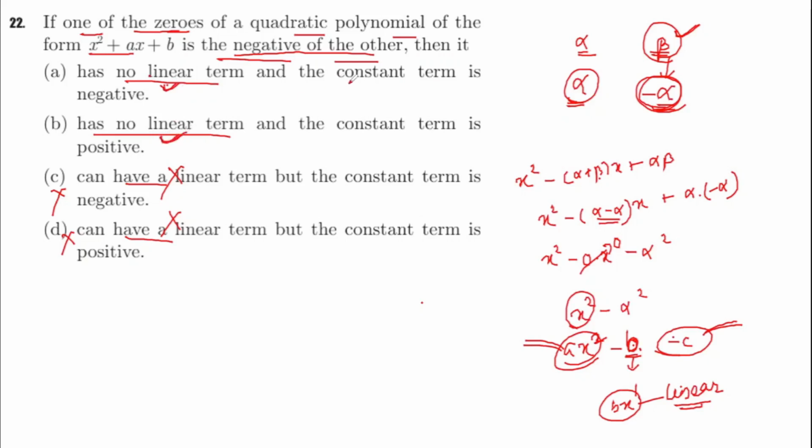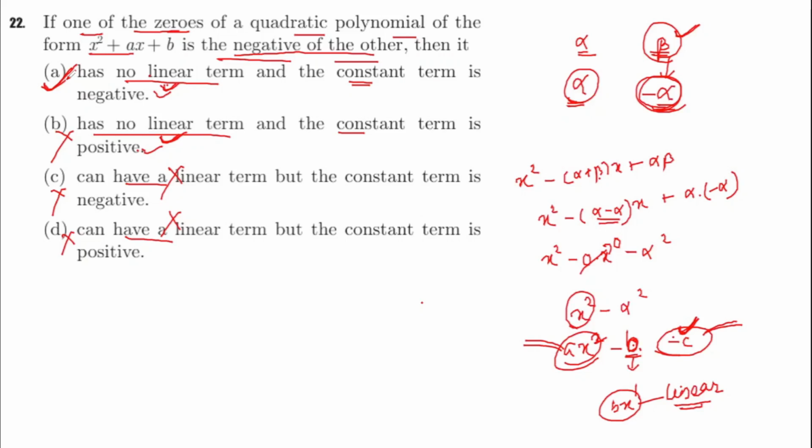So now let's move to the second part of the option. The constant term is negative in one and positive in the other. Now look here. What is the constant term, sir? The constant term is negative, sir. So this option also got eliminated, and you are left with the first option. Here the b term, or the linear term, is 0 and the constant term is negative 1.